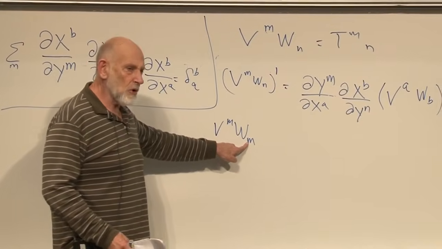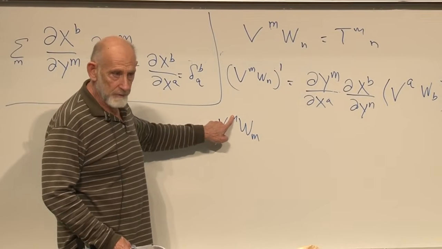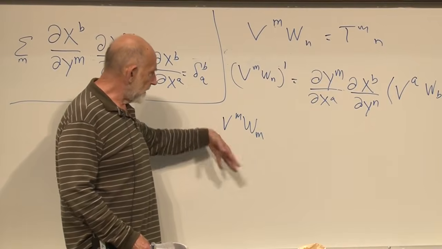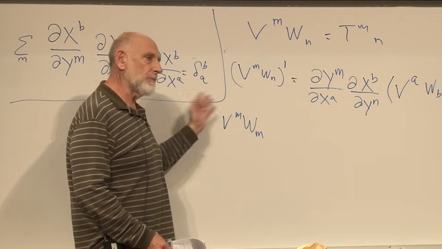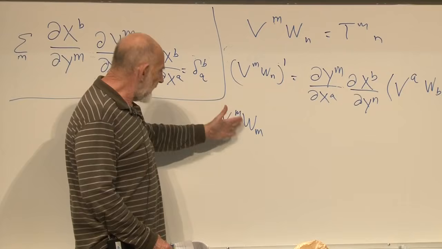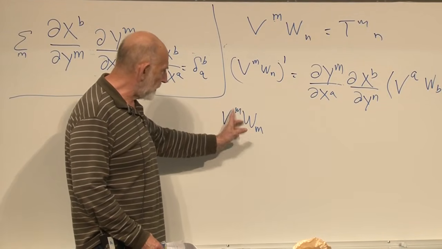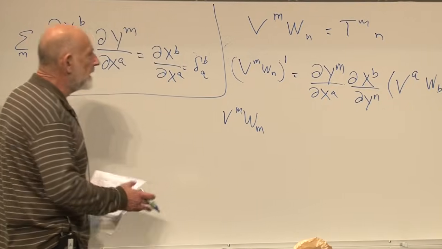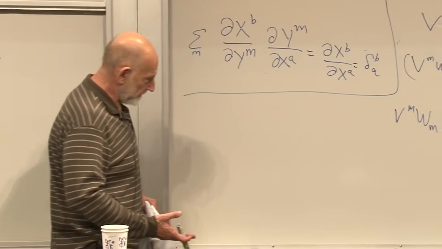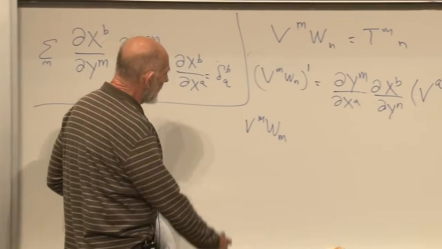Well, what about these indices? No, these indices are summed over. This is not the one component of something or the two component. It's like a dot product. The one component, the two component, the three component, all added together. The result has no components. They're summed over.